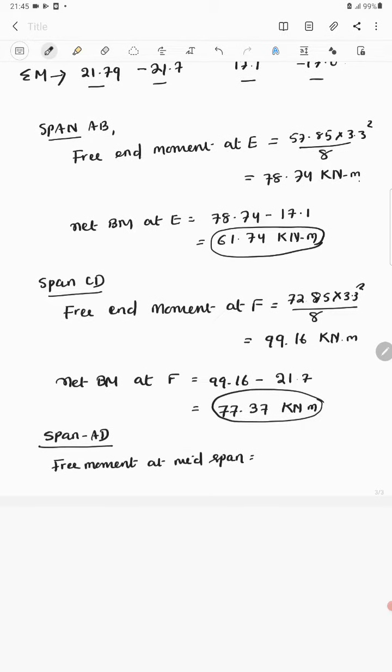Free moment at the mid span will be WL square by 8 plus WL square by 16. So W1 L square by 8 plus W2 L square by 16.